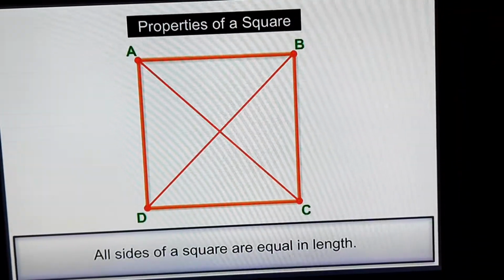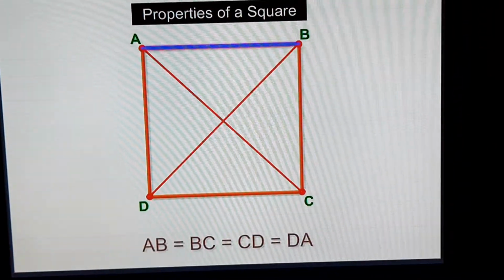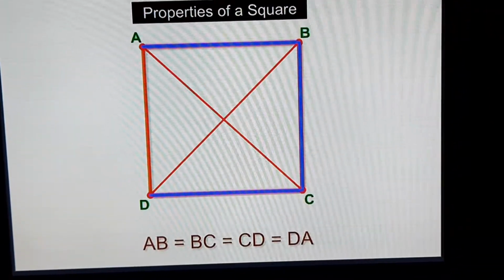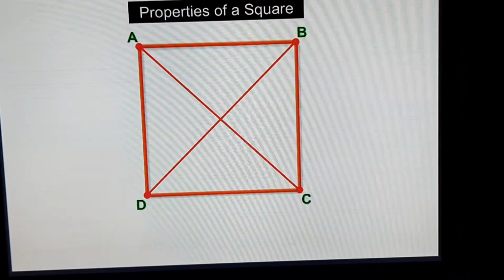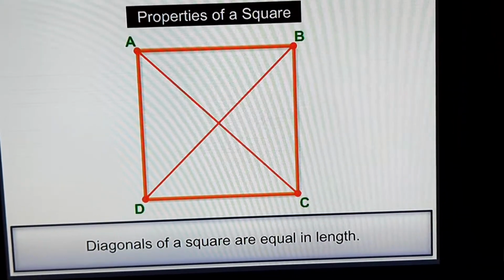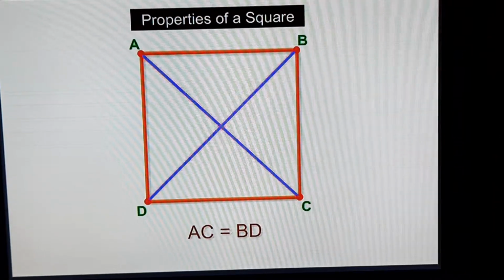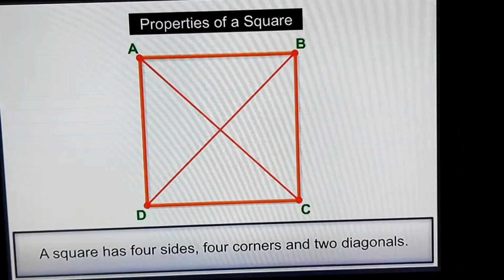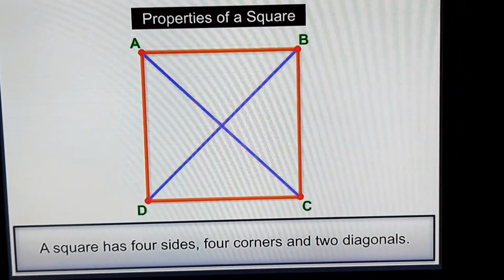You can notice that all sides of a square are equal in length, that is, AB, BC, CD and DA are equal in length. Also, the diagonals of a square are equal in length, that is, AC and BD are equal. So, a square has 4 sides, 4 corners and 2 diagonals.